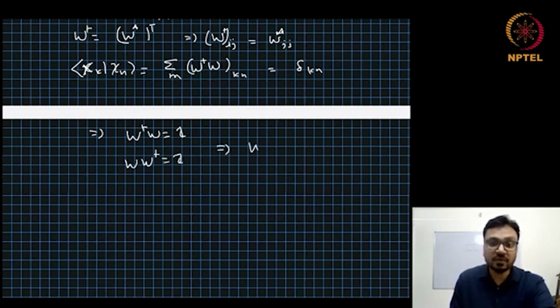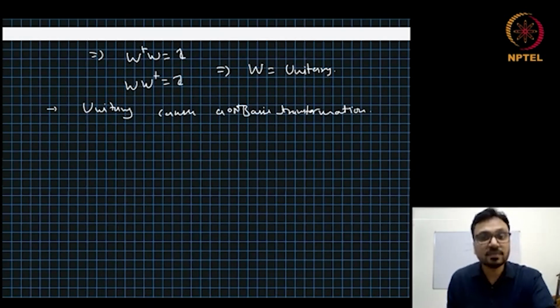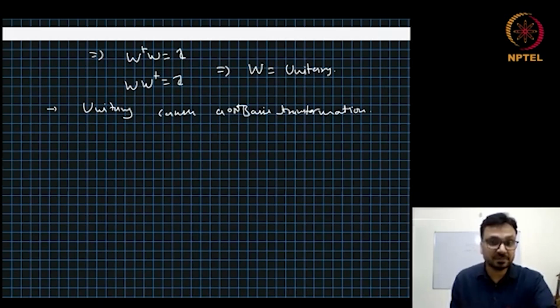This implies that w is unitary. So from here we can conclude that a unitary operator causes a basis transformation, and when we say basis, we mean orthonormal basis. A unitary operator takes one orthonormal basis and maps it to another orthonormal basis. So this is what we showed just now.